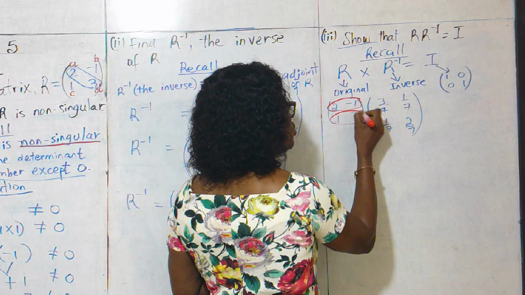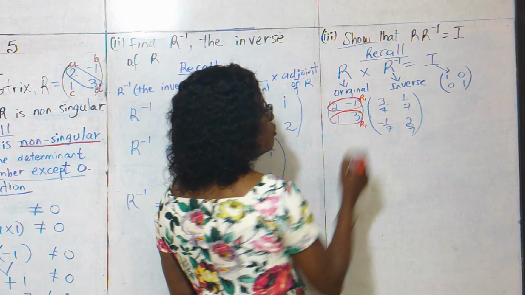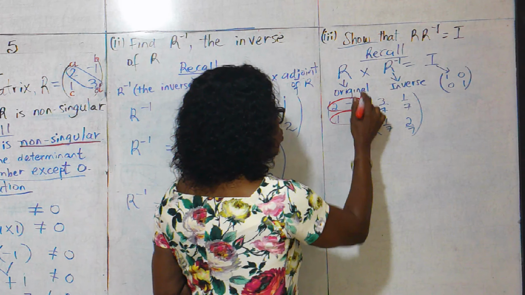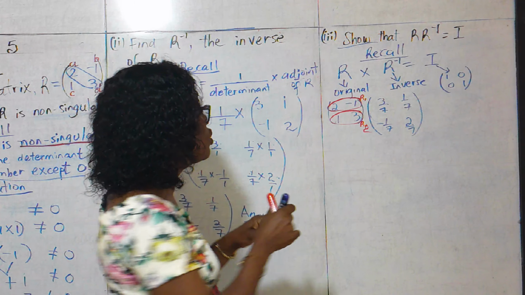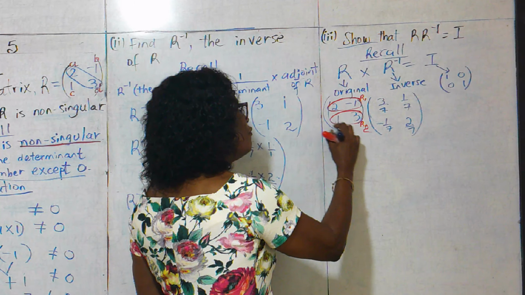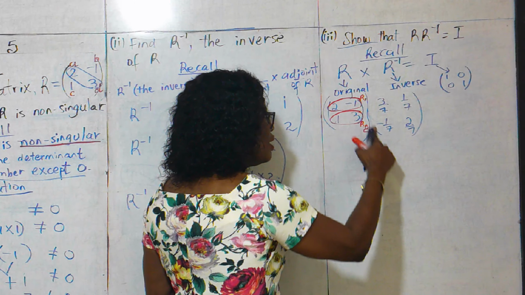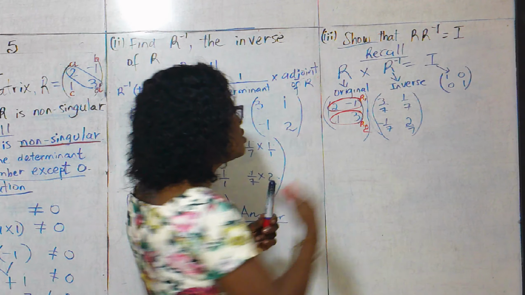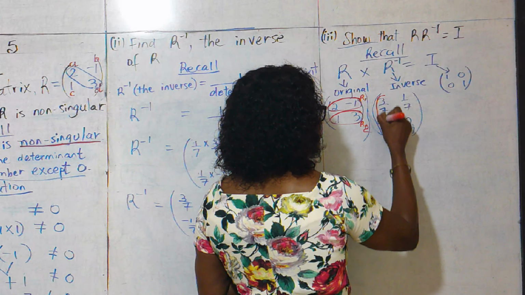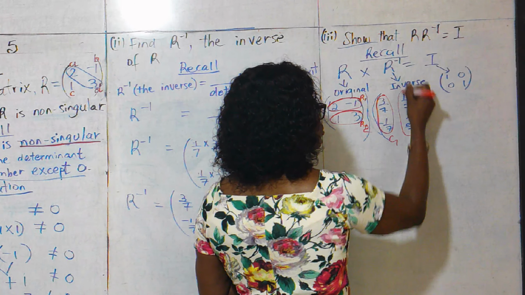Remember, it's just the rows we're focusing on, row 1 and row 2. So these rows we're focusing on in the first matrix only, nothing else. And in the second matrix, we're focusing on the columns. Column 1, column 2.